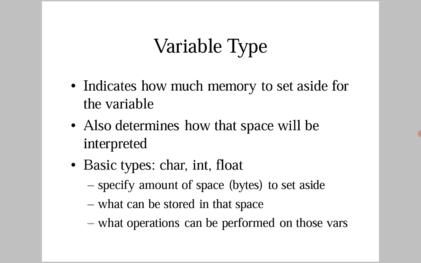As we already discussed, there are different data types like char, int, float. Each data type has its own space or bytes to occupy, and data types are used to store different types of data.